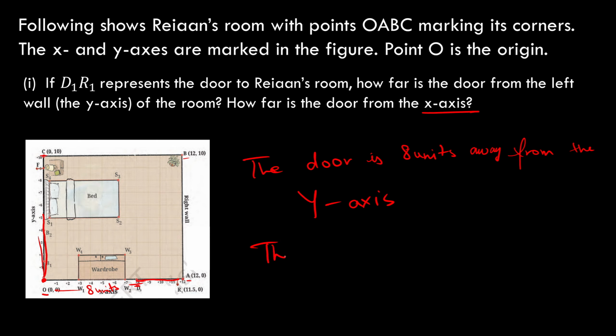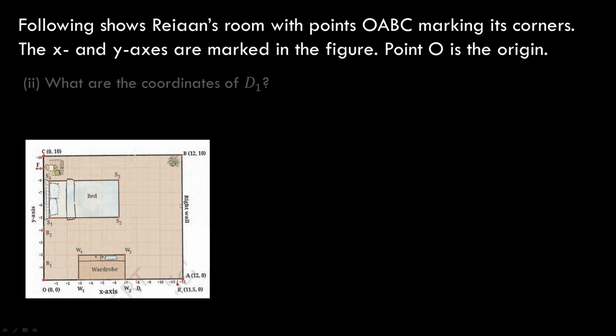So the answer would be, the door is 0 units away from the x-axis.